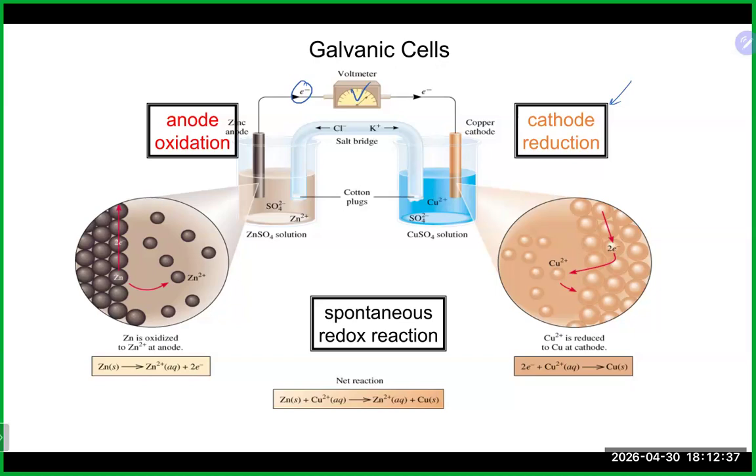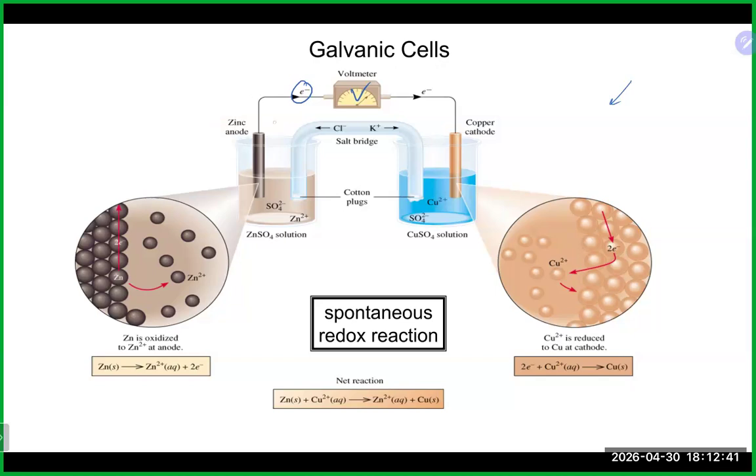When we make a galvanic cell, we typically have a solid electrode on each side. And whatever that solid electrode is, we will also have an aqueous solution that contains those ions. So over here, we've got some copper on one side, and some zinc ions floating around in the solution.